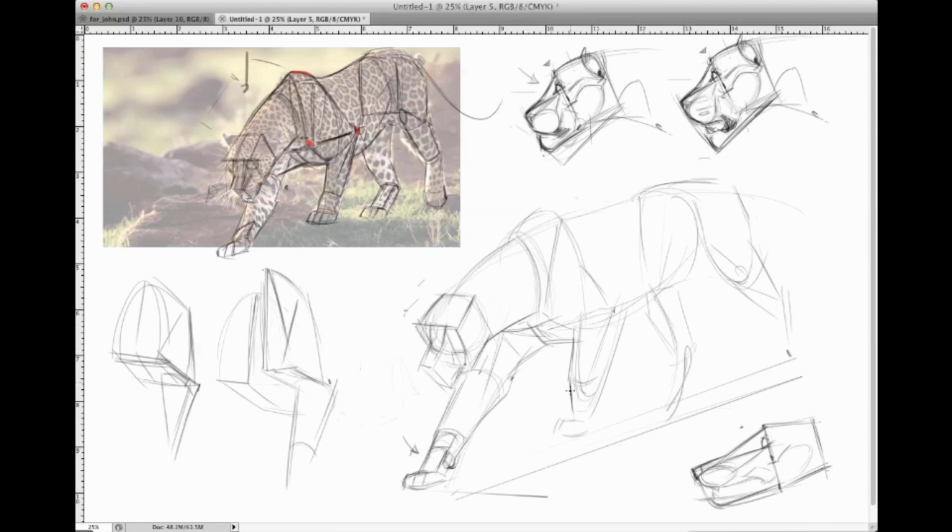So same thing, carpus, metacarpus, phalange. Okay, I'm simplifying. I'm thinking of it as one whole shape first before I even break it down into several fingers. Okay.